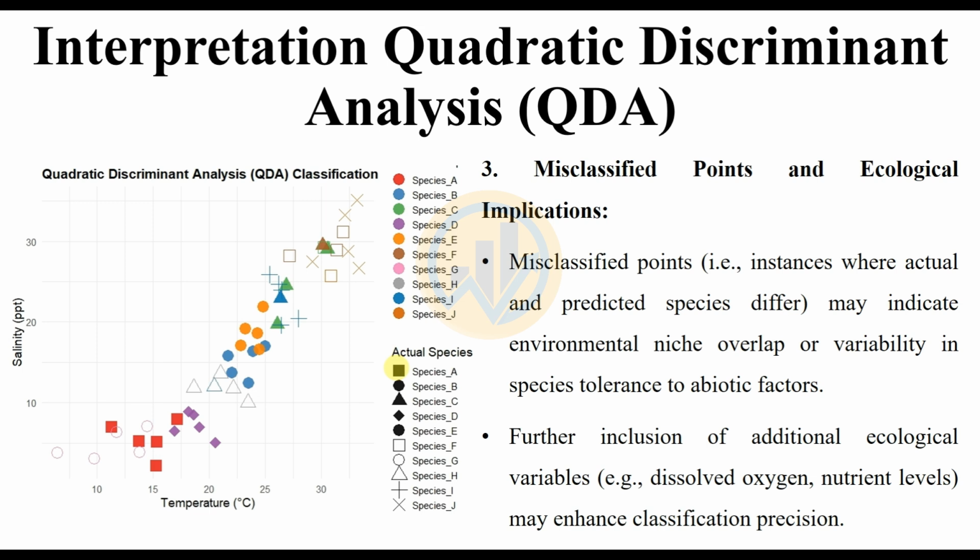The misclassified points and ecological implications: the misclassified points, where actual and predicted species differ, may indicate overlapping environmental needs or variability in species tolerance to abiotic factors. Further inclusion of additional ecological variables, for example dissolved oxygen and nutrient levels, may enhance the classification's precision.